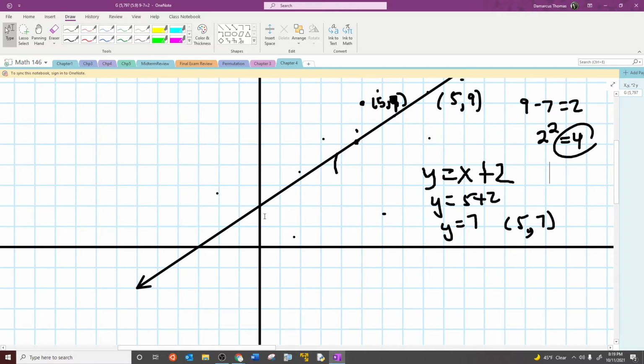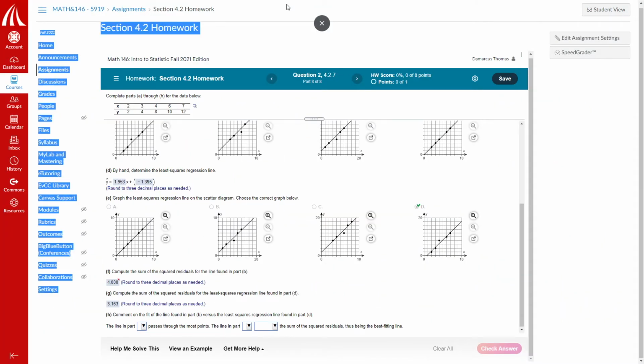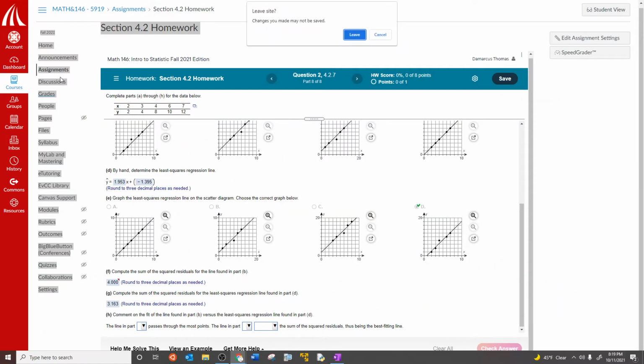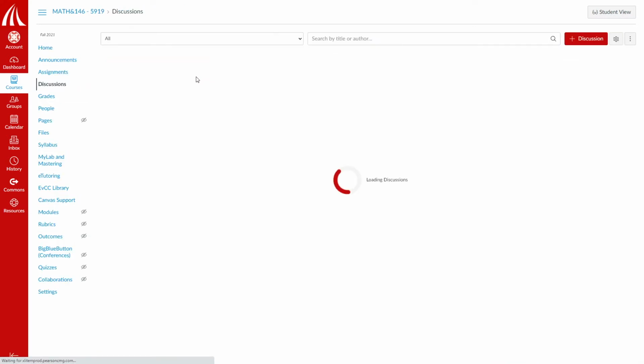There's a systematic way; the chart that was in our study guide is how you can go about doing that. Let's take a look at our notes in the discussion section real quick.